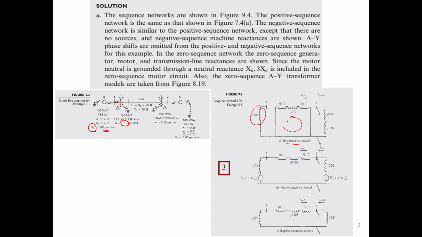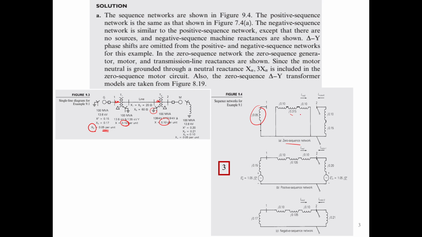The X of T2, which is 0.1 per unit, is on the primary side, and it is connected to the ground here. On this side the delta is on the ground because of the loop, and on the other side the current flows in this direction. It creates the loop.